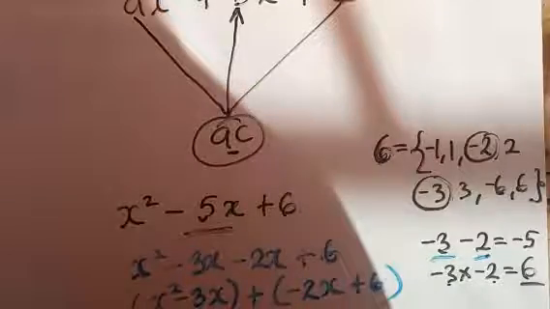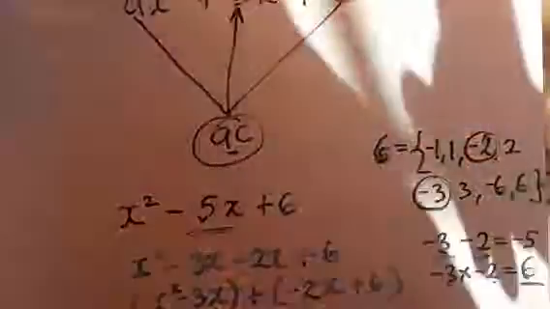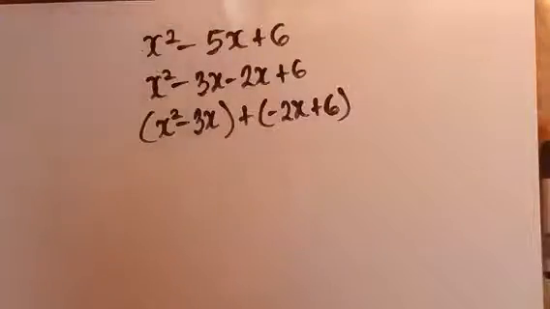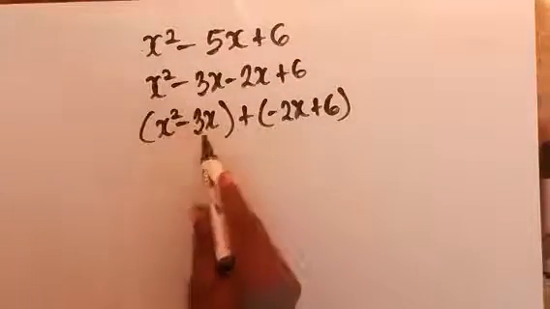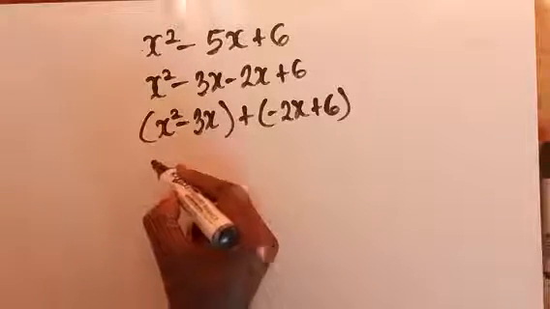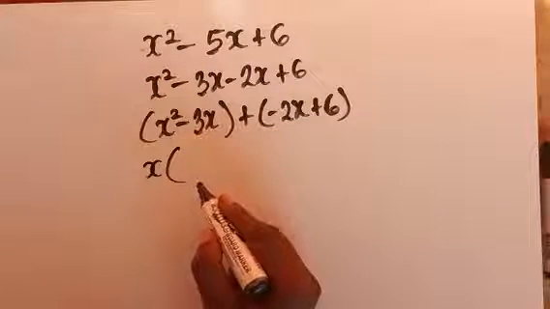Good. So you now factorize the function. So let us solve and factorize now. Now what we can say is that the least term over here is x. So we bring out our x.